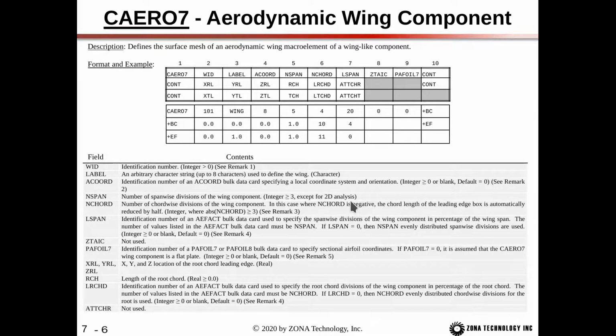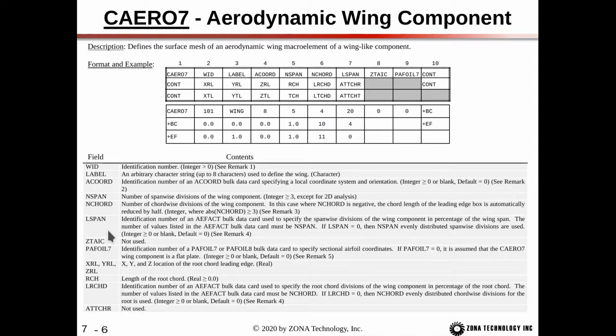NCHORD can be negative, which means that the first box is half the size of the remaining boxes. Normally I don't make use of this option. If I want to do something like that, I would make use of the LRCHD and LTCHD fields, which we're going to see in a minute, to specify custom chord-wise divisions.